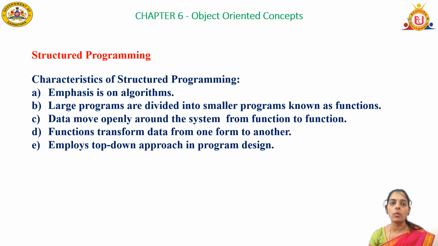Based on the requirement, it can transform the data from one form to another. And the last one is it employs the top-down approach in program design. As we know, the top-down approach is nothing but dividing the large program into smaller programs.